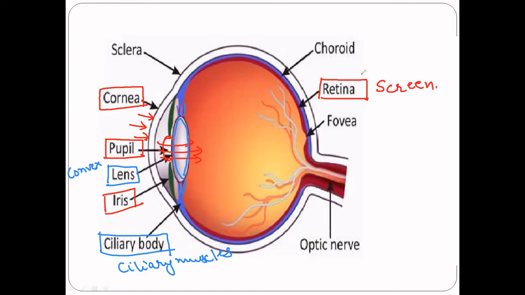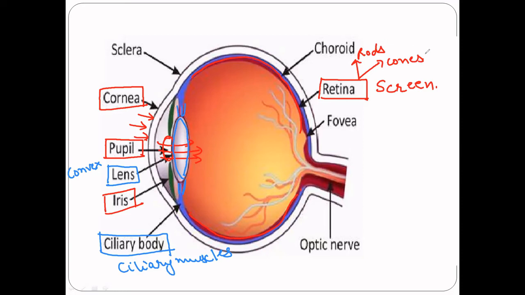This retina consists of sensory cells, two types of sensory cells, rods and cones. Based on the shape of these cells, they are divided into rods and cones, right?